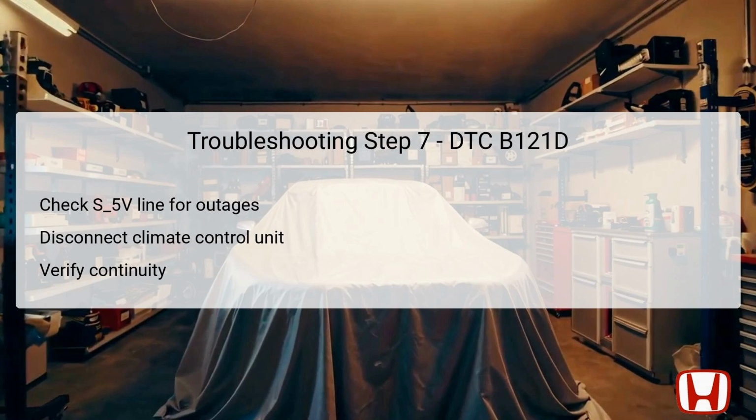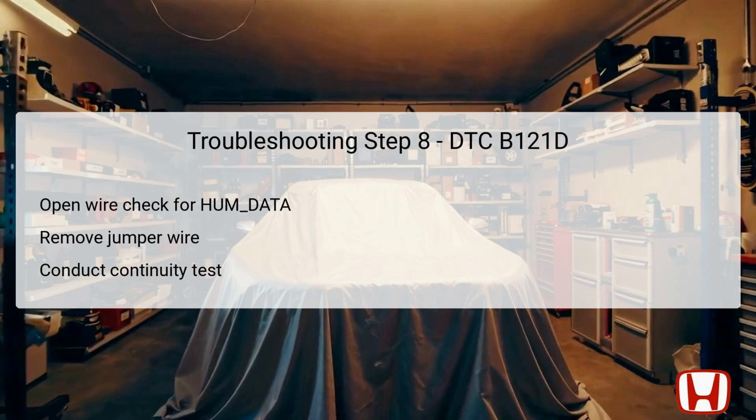Finding continuity suggests that the S5V wire is functioning well, allowing for repairs of any identified shorts along the circuit. Conversely, if continuity is absent, an open circuit exists on the black wire, warranting repair to restore proper functionality.